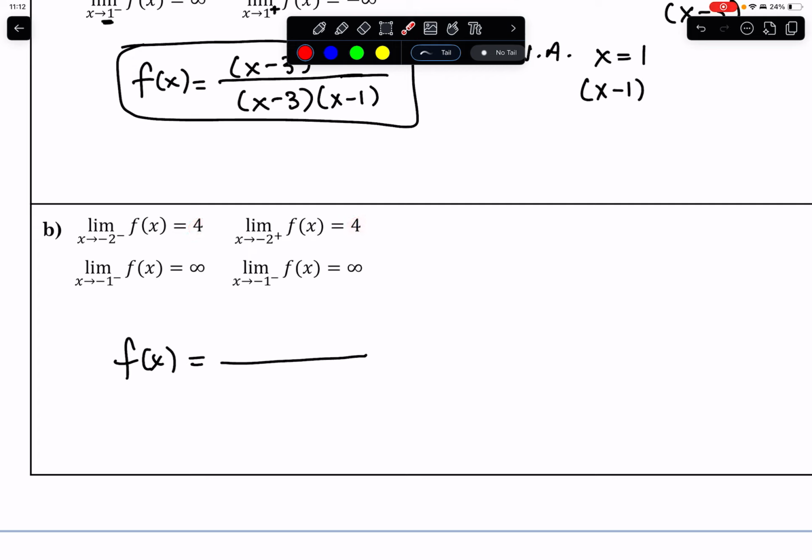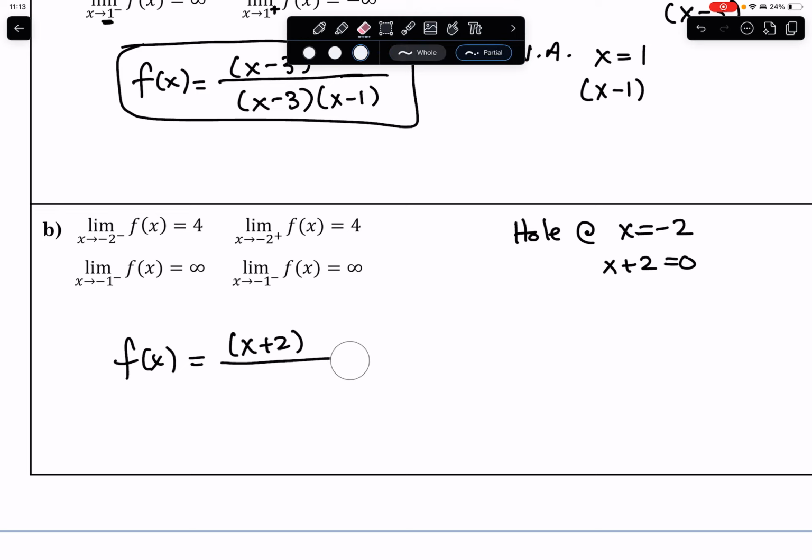Since the limit of f of x equals 4 when we approach -2 from the right and from the left, that means we have a hole at x equals -2. If that's the location of the hole, the only way to get x equal to -2 is if x was being added with 2 to get 0, and that's going to be our factor, x plus 2.